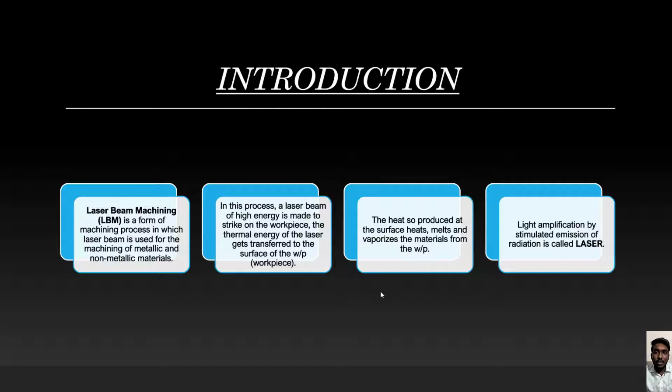Then the thermal energy of the laser gets transferred into the surface of the workpiece, so that heat is produced in the workpiece. Due to the effect of heat, the required surface of the workpiece melts and then vaporizes. Laser is nothing but light amplification by stimulated emission of radiation.